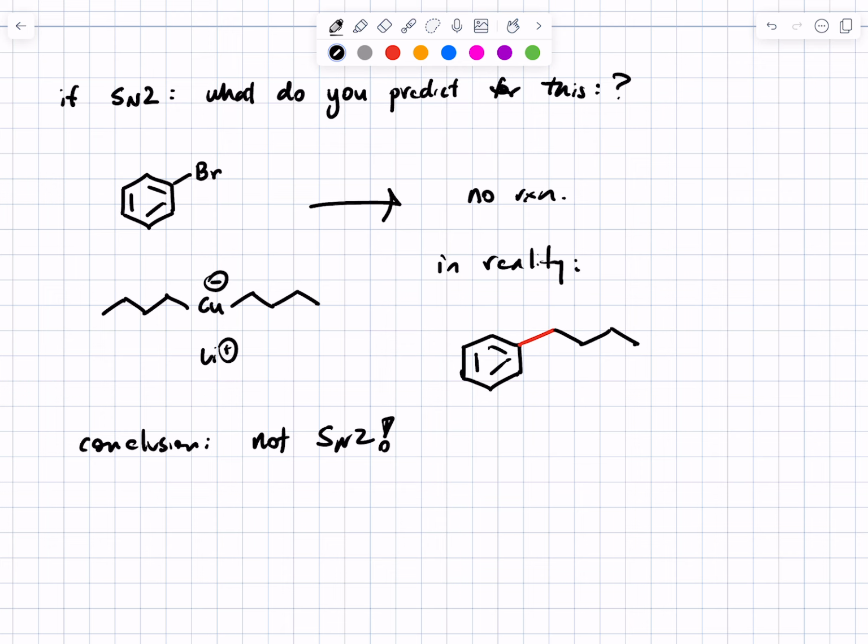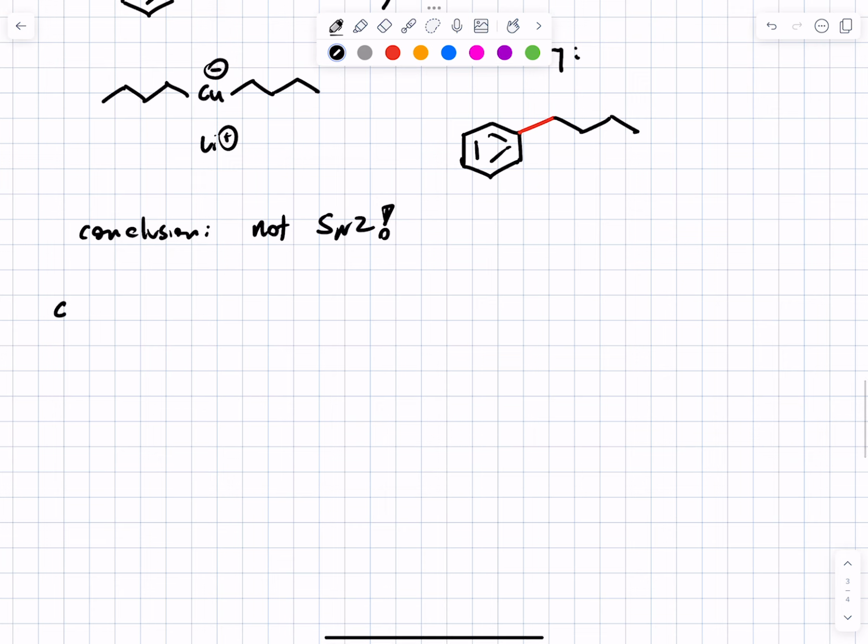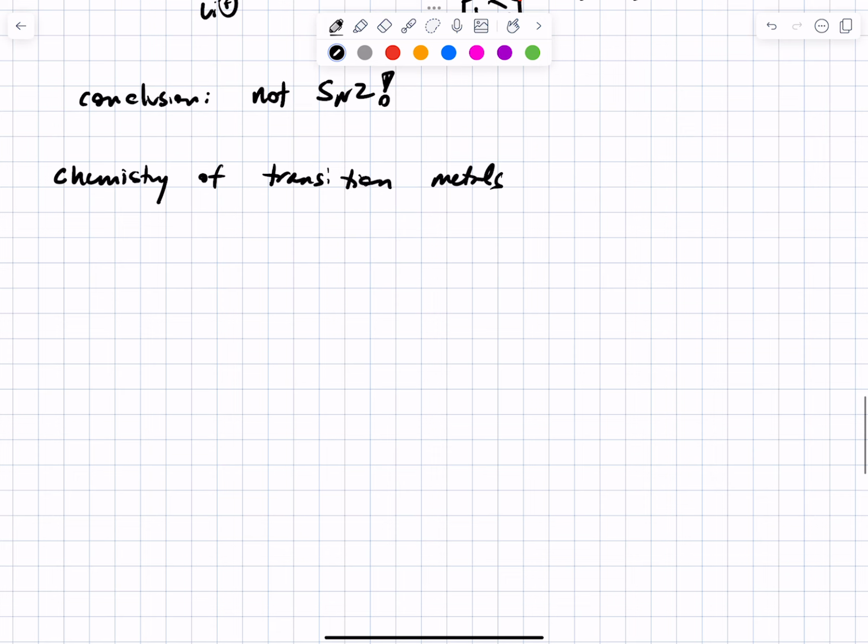Now, hold that in your mind. I will show you the mechanism, but you need to learn some things about copper and other transition metals before we get there. So we're going to take a step back to learn some things about chemistry of transition metals. Now, we don't have a periodic table here in the room, so I'm going to write out portions of the periodic table here.